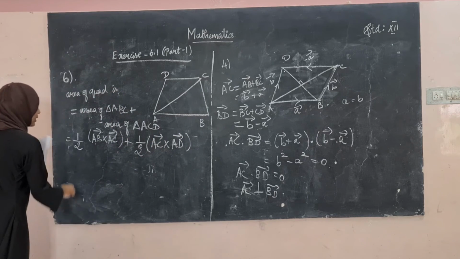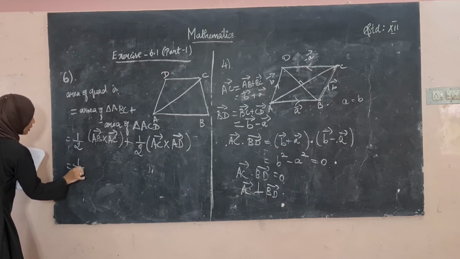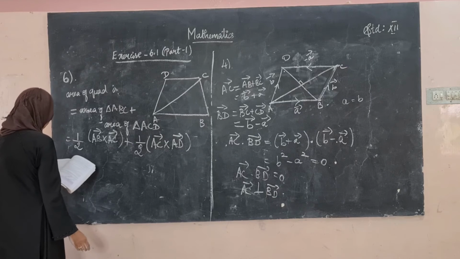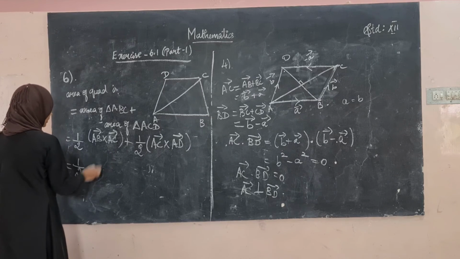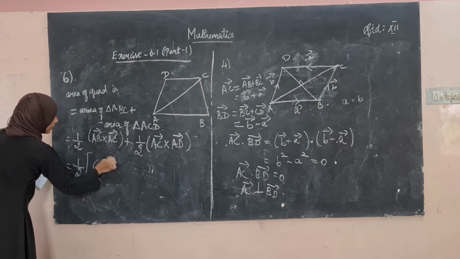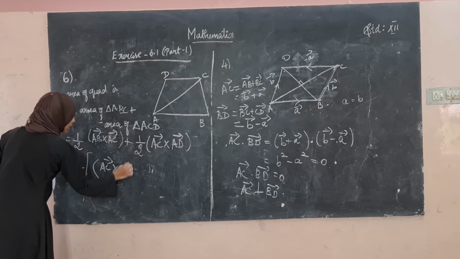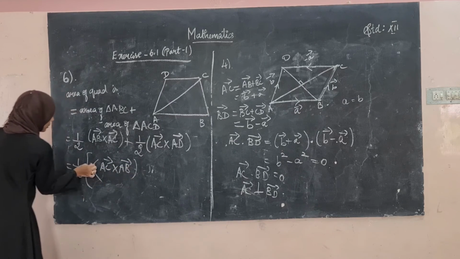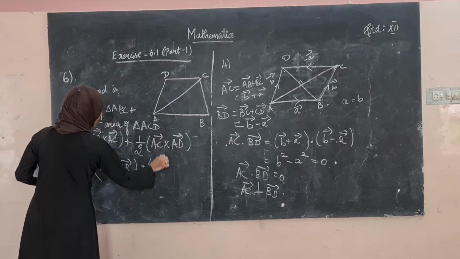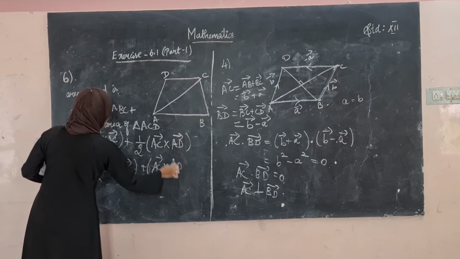Which is equal to, take the term half as common, and AC vector is common, right? Before that, change this to AC vector cross AB vector, and here it will be minus AC vector cross AD vector.